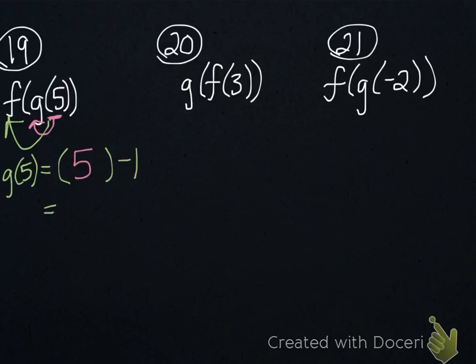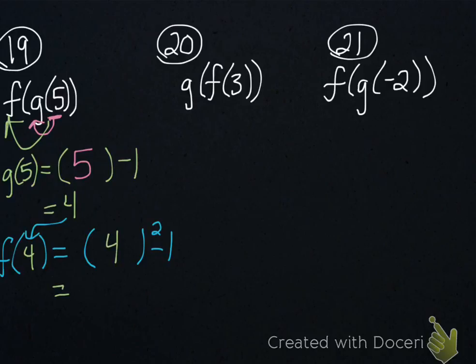Now we simplify. What is that? 4. I know, it's kind of anticlimactic. Now the f function. So the f of the 4, got to plug it in, equals, well, what was my f function? X squared minus 1. So plug in that 4 where there was an x.